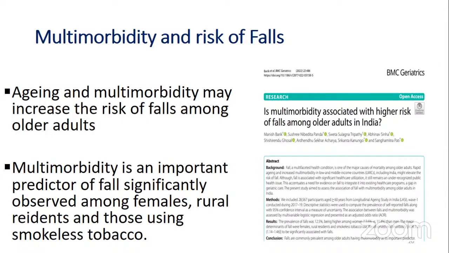It's a vicious cycle of again getting into more physical morbidities. So that is why we investigated this, and we found that multimorbidity is a significant predictor of falls, and this was observed significantly among females and rural residents.